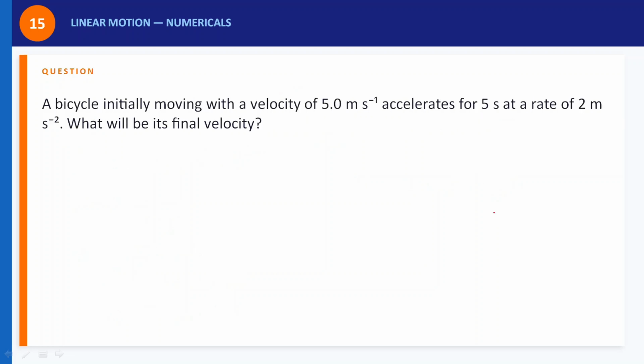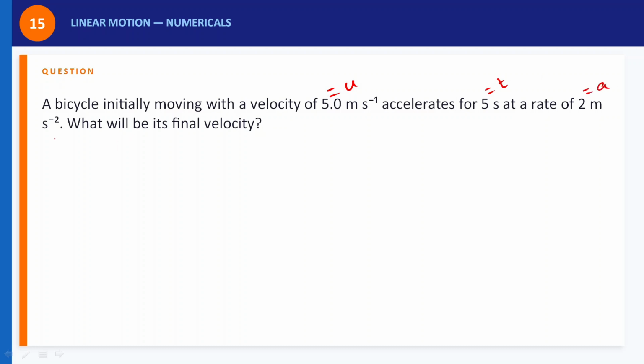The next one. A bicycle initially moving with a velocity of 5 meter per second accelerates for 5 seconds at a rate of 2 meter per second square. What will be its final velocity? The value of u is 5 meter per second, then the time, and the acceleration a.